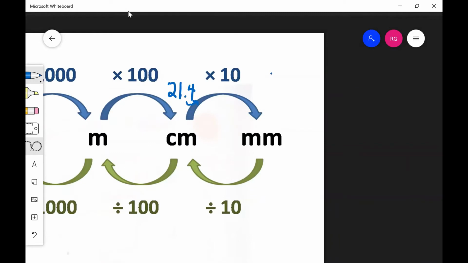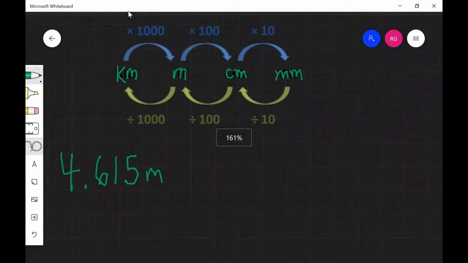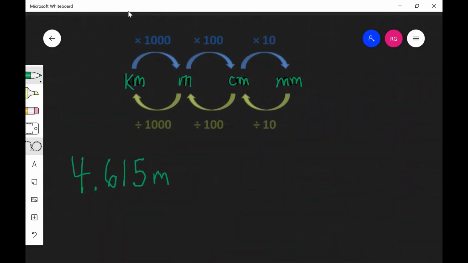Now we're looking at 4.615 meters, and we're going to convert to centimeters. So what we need to do is multiply by 100 to get to centimeters. In order to multiply by 100, we need to move the decimal 2 places to the right.